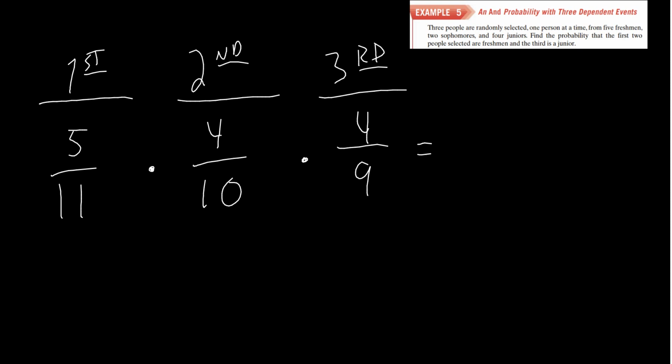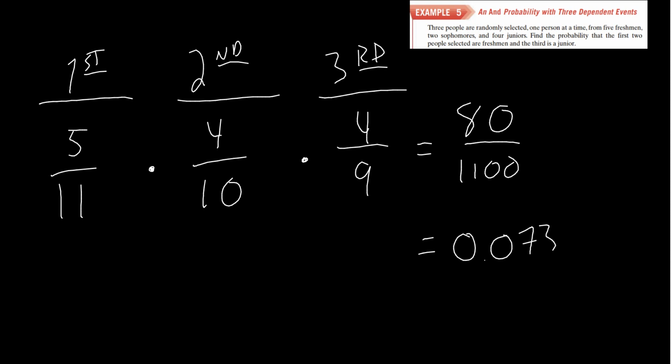So this is just going to be 80 over 1100, which is going to be 0.0727.